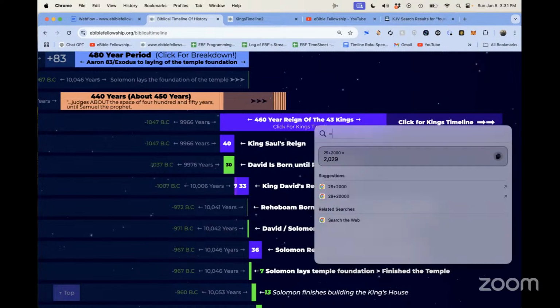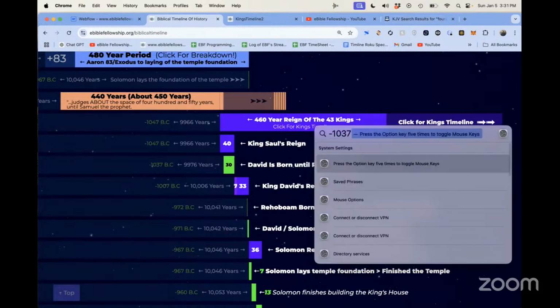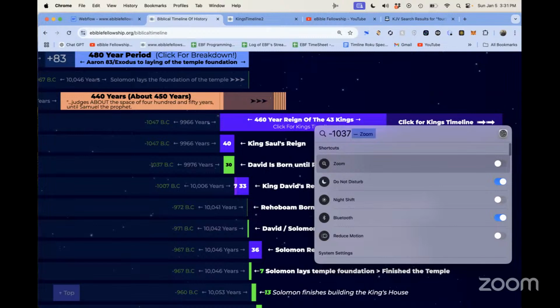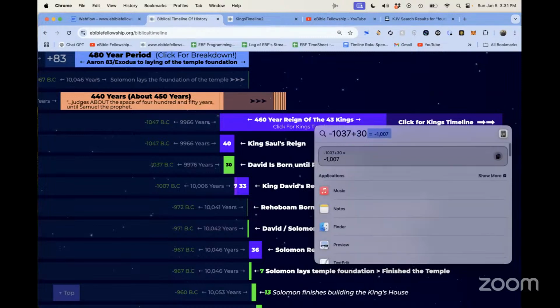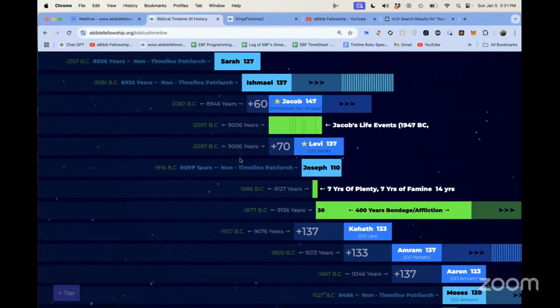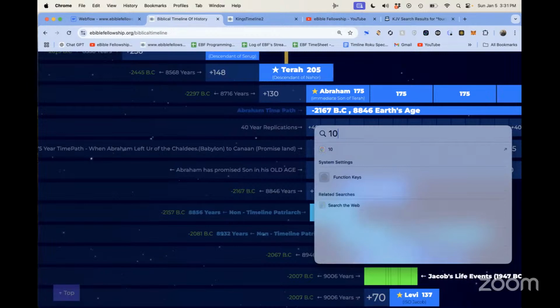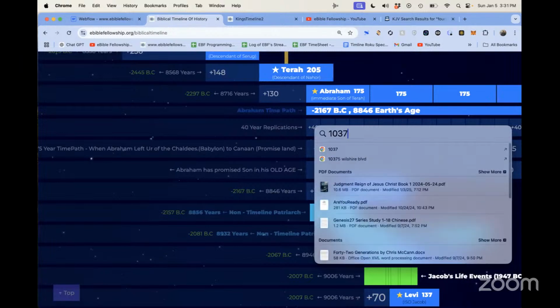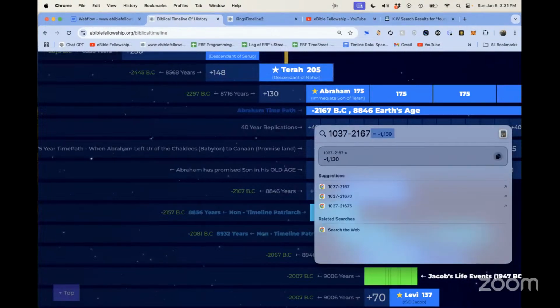So 1037, you add 30, and you get to 1007. That's when he begins to reign, but he was born in 1037. If you look at the difference between Abraham's birth and David, that's 1,130 years. Kind of interesting, you see the 130. But this is exactly 1,130 years.